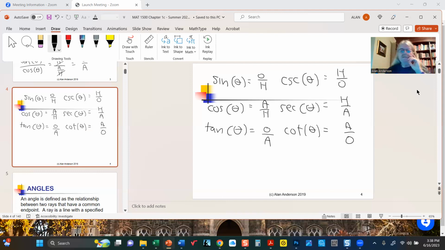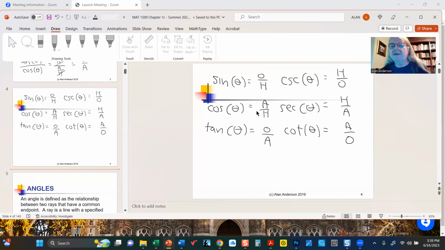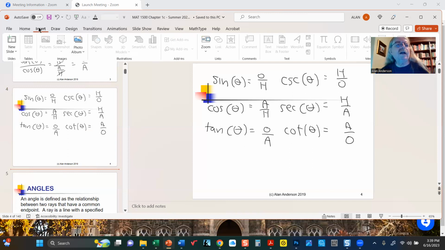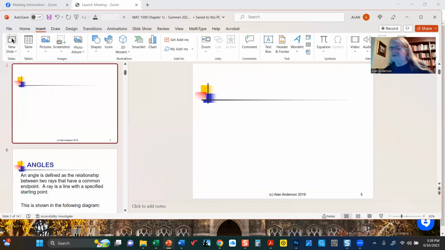But anyway, I almost forgot about this. There's a mnemonic device which you may have been taught at some level that helps us remember these trig functions. It's kind of silly, but a lot of mnemonic devices are silly.